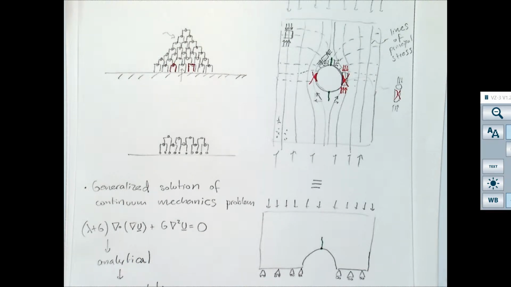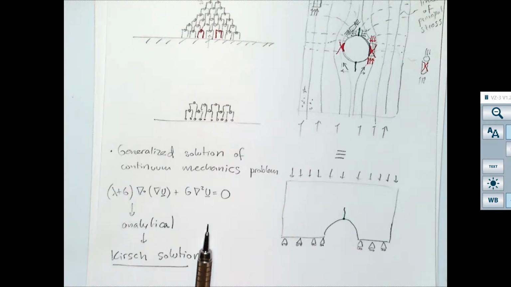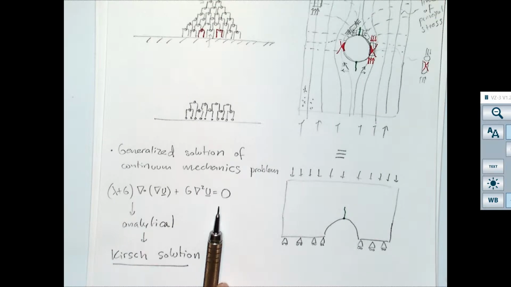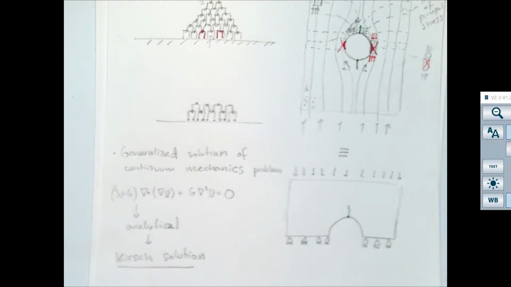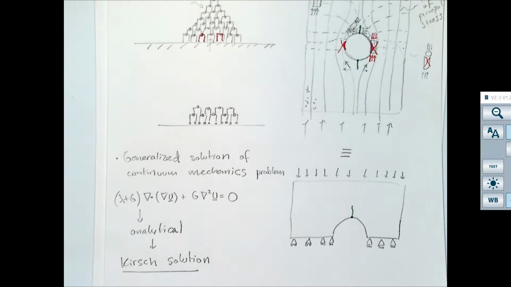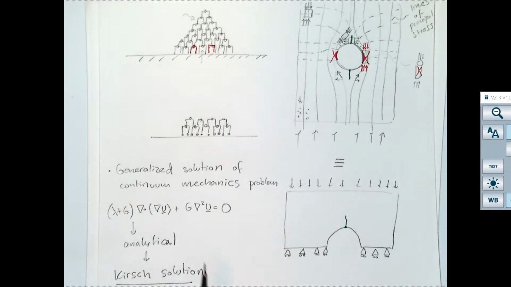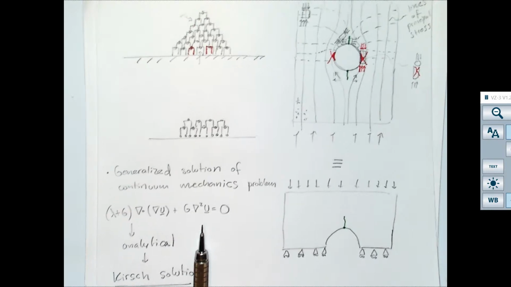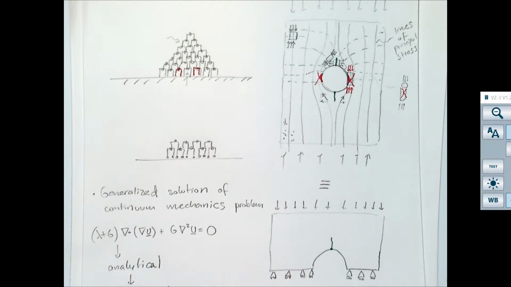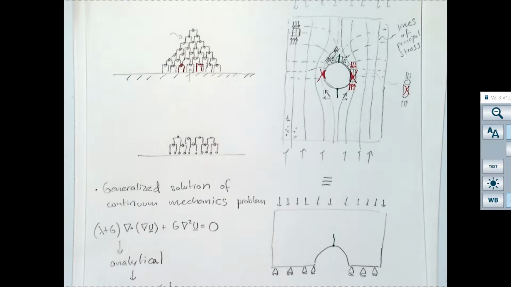What Kirsch did was actually to solve this equation, but all mathematically with closed form solutions, so he didn't do any numerical analysis or anything, but he just solved this same equation, but with these conditions. And now we're just going to see the solution for that.